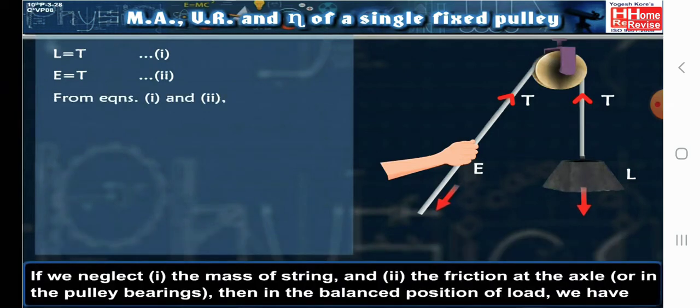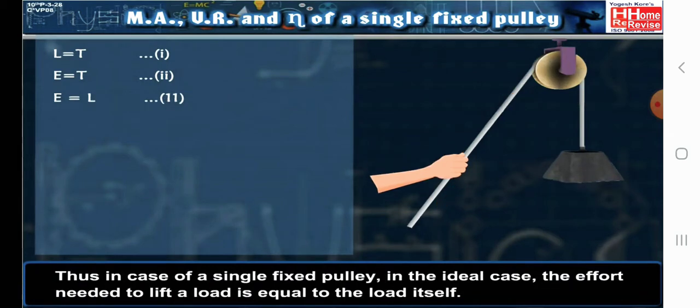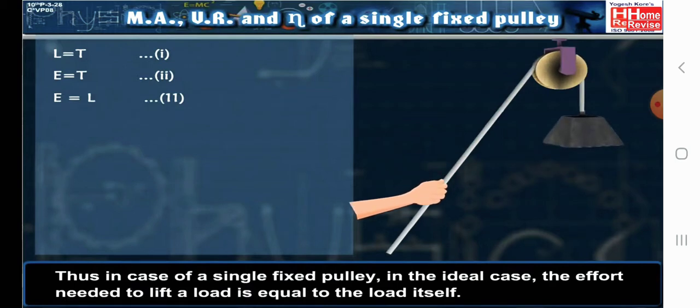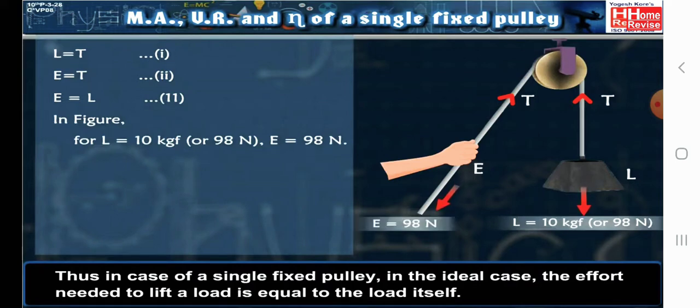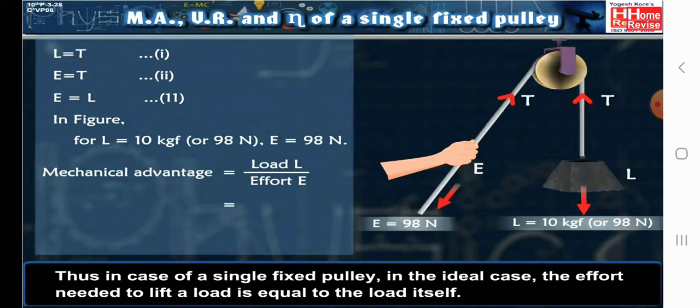From equations 1 and 2, E is equal to L. Let this be equation 11. Thus, in case of a single fixed pulley, in the ideal case, the effort needed to lift a load is equal to the load itself. In the figure, for L equal to 10 kgf or 98 Newton, E is equal to 98 Newton. Now, mechanical advantage is equal to load L upon effort E, which is equal to T upon T, which is equal to 1. Let this be equation 12.